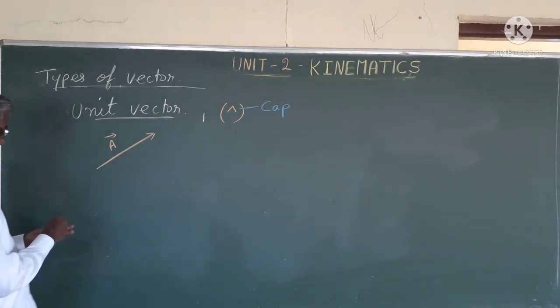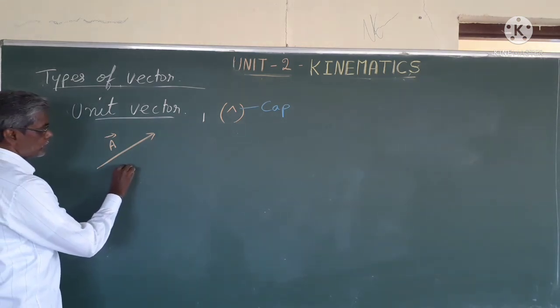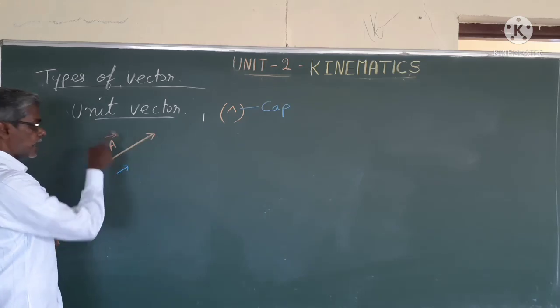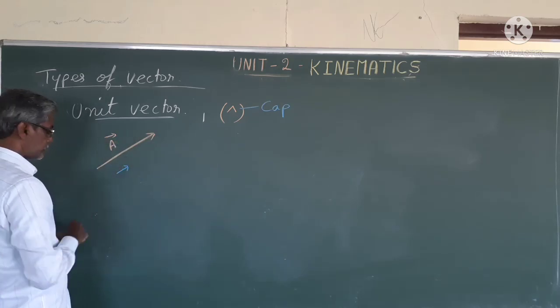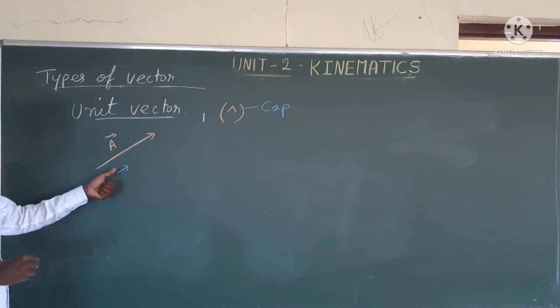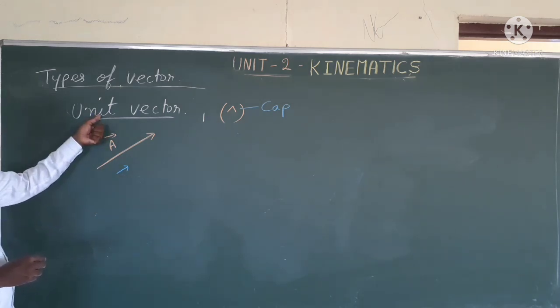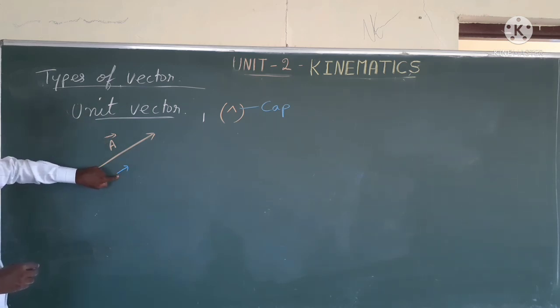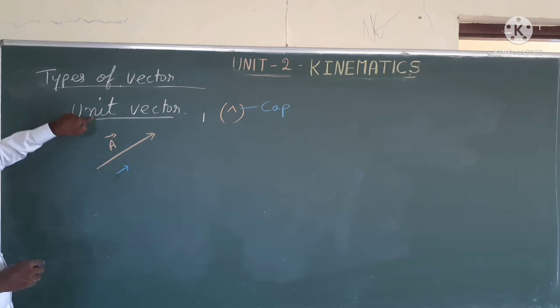Understood? Now if I take a vector which is in the same direction as A vector and has magnitude 1, then I can say this vector is the unit vector of A vector.